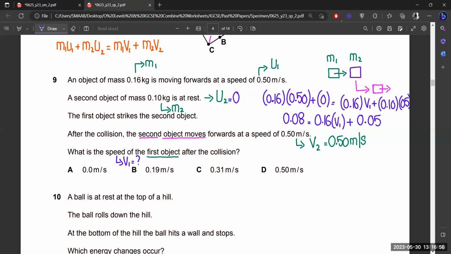Now this will be subtracted on the other side: 0.08 minus 0.05 will be equal to 0.16 v1, and we divide it. First we subtract the values, that will be 0.03 divided by 0.16. So we are getting 0.187.